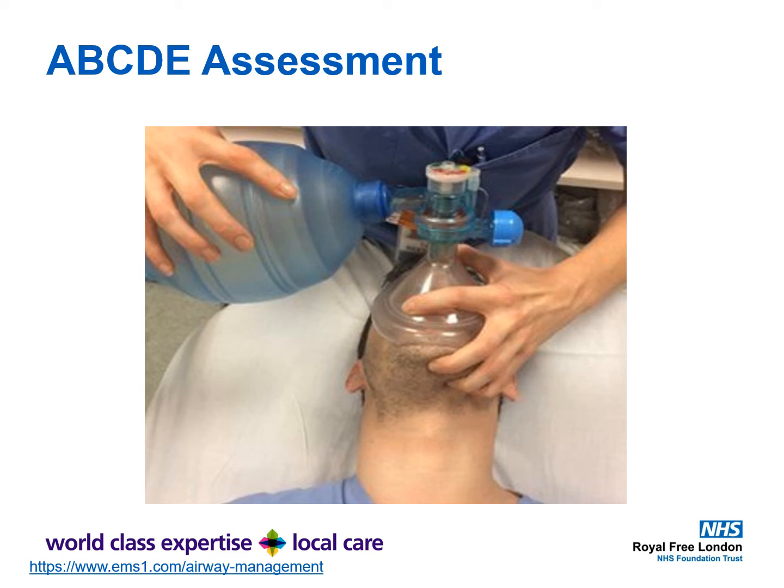So when assessing toxicology patients, and obviously our focus today is on opioids and analgesics, remember it's important to use the ABCDE assessment. It's unlikely that the patient will be not breathing, but they may have an extremely low respiratory rate, and they are of course at risk of type 2 respiratory failure and hypoxia. So they may need bag valve mask ventilation, as you can see in this picture.